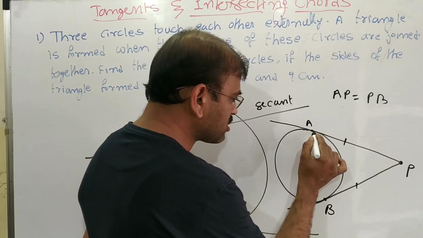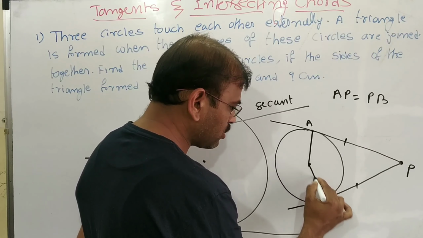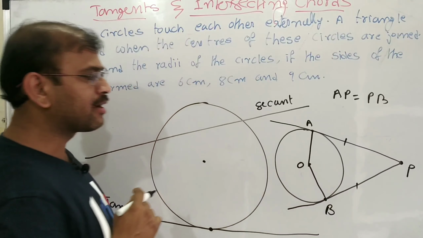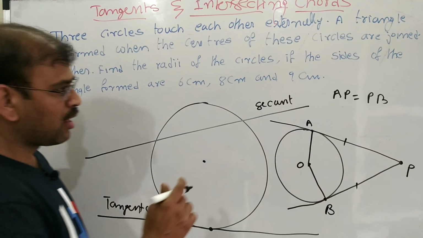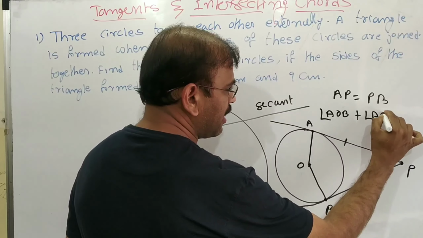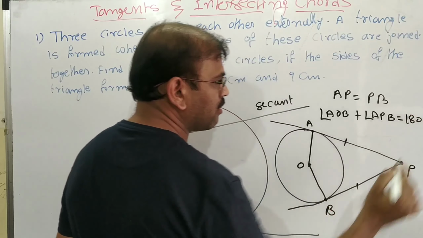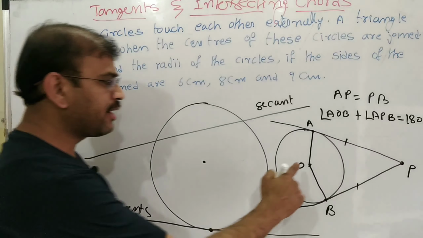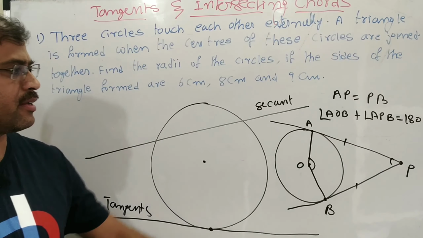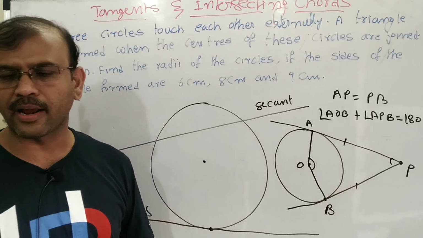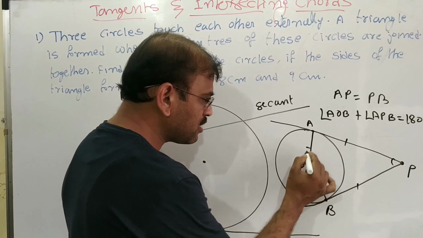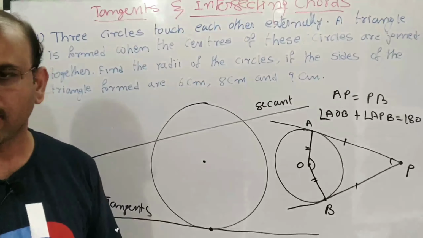Now if I join to the center, the center angle I consider as O. Angle AOB plus angle APB is equal to 180 degrees all the time. The center angle and exterior angle form 180 degrees. These two are the radii, so I can consider these 2 lengths also equal.